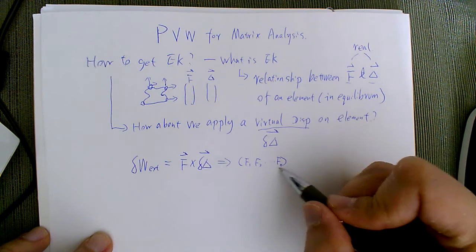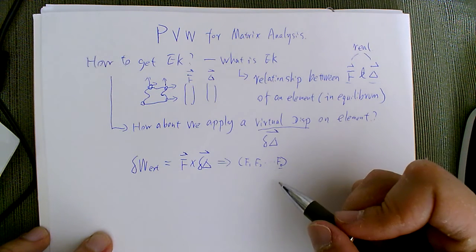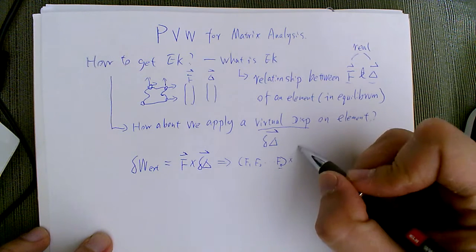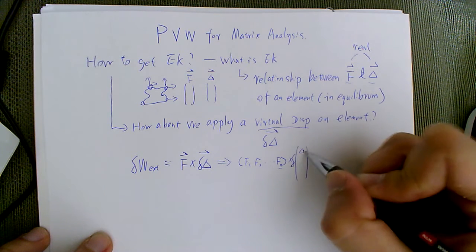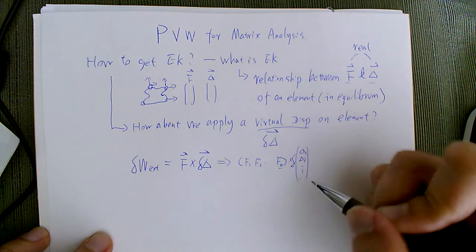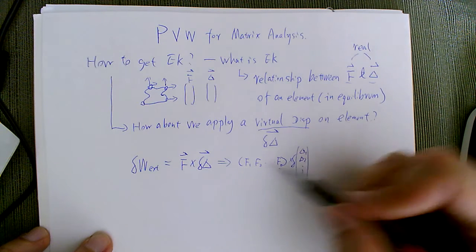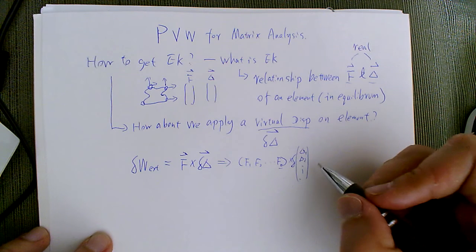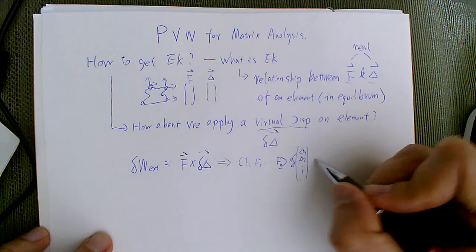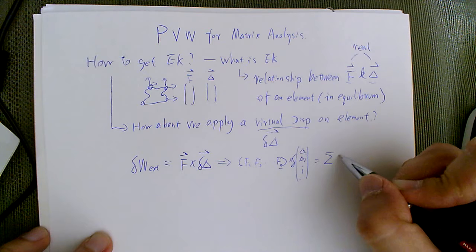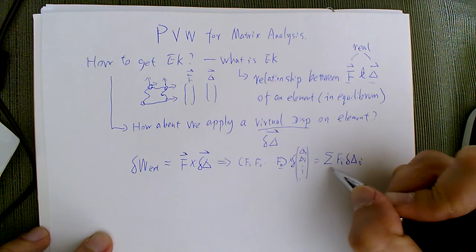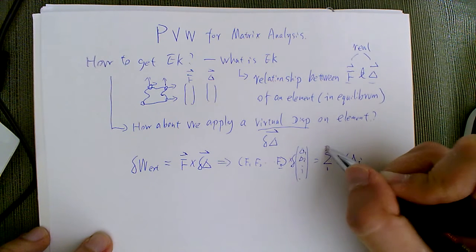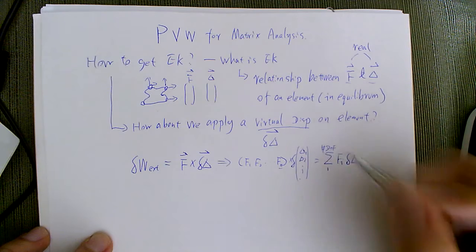Depending on, say, if you have an n degrees of freedom system, then times the virtual delta 1, delta 2, and so on. Then you just multiply each one and add them together. So if you really want to write it, it's the sum of Fi delta i from 1 to the number of degrees of freedom you have.